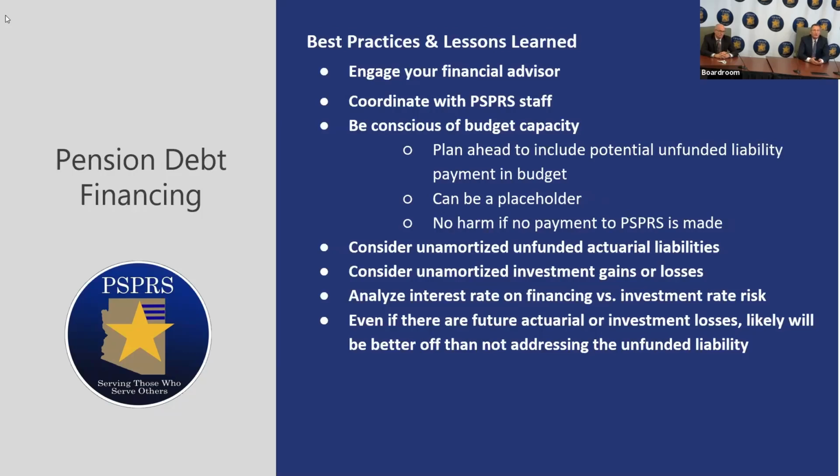So here's a recap of some best practices and lessons learned. Engage your financial advisor. If you don't have one, go out and there are some good financial advisors out there that you can talk to. Coordinate with PSPRS staff, as Mike had talked about, some of the types of presentations that we've given. Be conscious of your budget capacity.